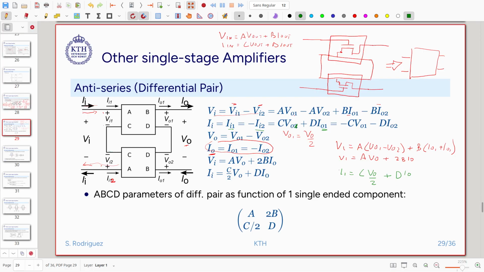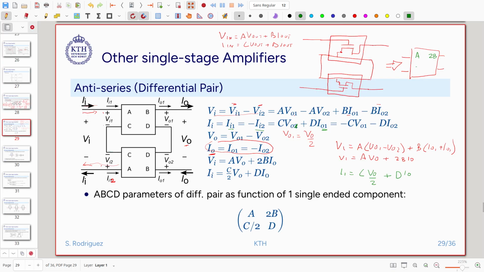Okay. So after this replacement, we see that we have totally defined the ABCD parameters of an anti-series differential pair. So the A parameter has not changed, it is the same as for a single stage. The transconductance parameter has changed. Okay, now it's 2B.